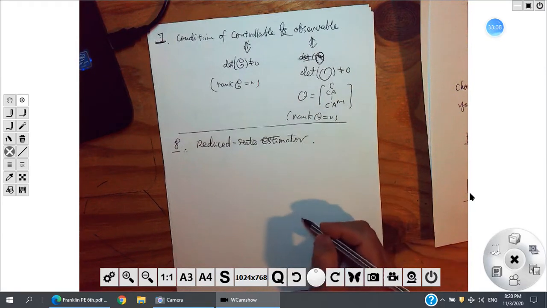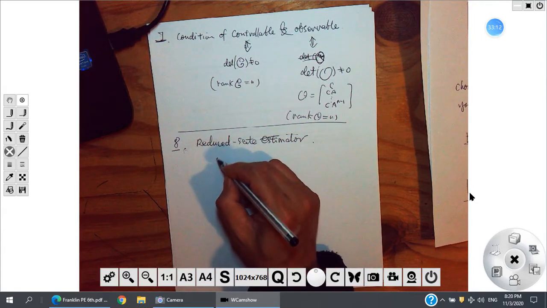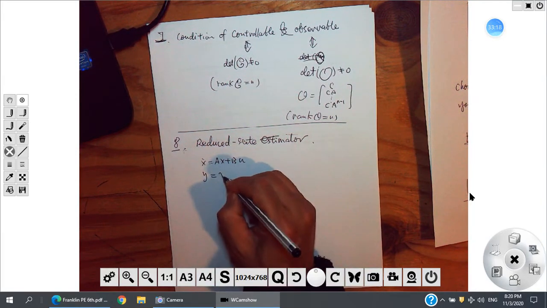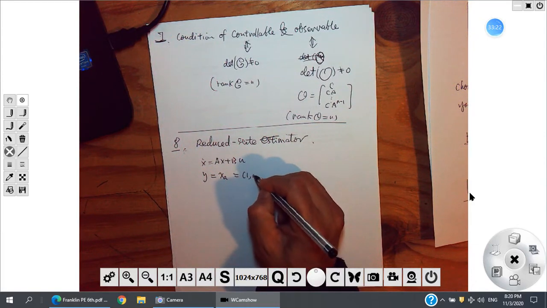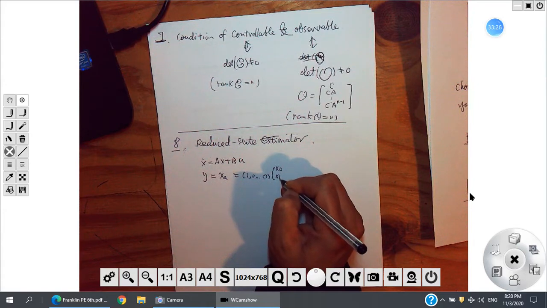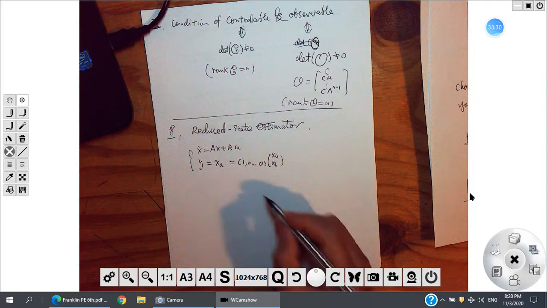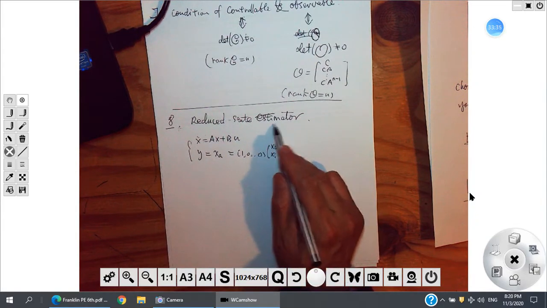This is the case where x dot equals Ax plus Bu, then I put y, it is just one of the x. You can also write as 1, 0, 0, 0. Here's xa and all the rest xb, like this one. In this case, how to give an estimator? We can reduce the dimension of the estimator, right?